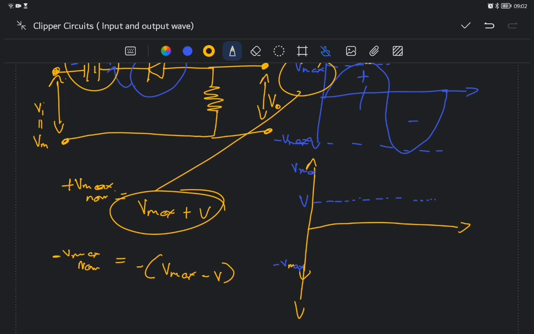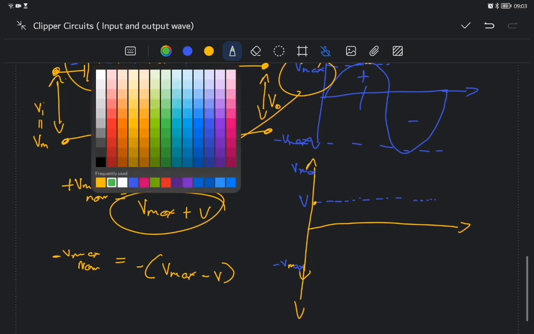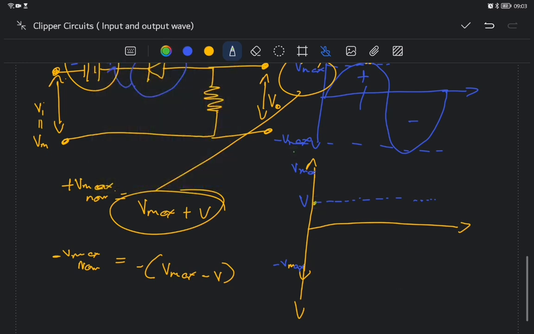So meaning that the voltage referencing will start from here, right? So if we draw a waveform, it will be from here towards Vmax plus V. So it will be a bit higher, and then go down to negative Vmax minus V, and then come back and reference into the same section. It's not referencing to another section, but towards the same section.